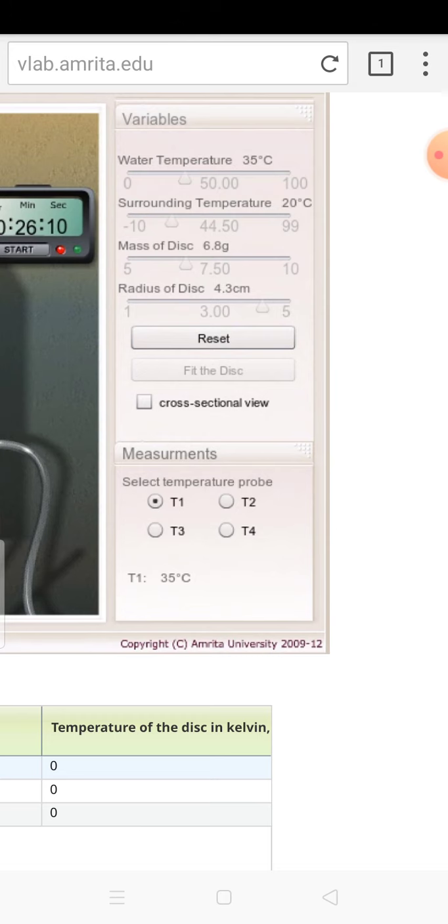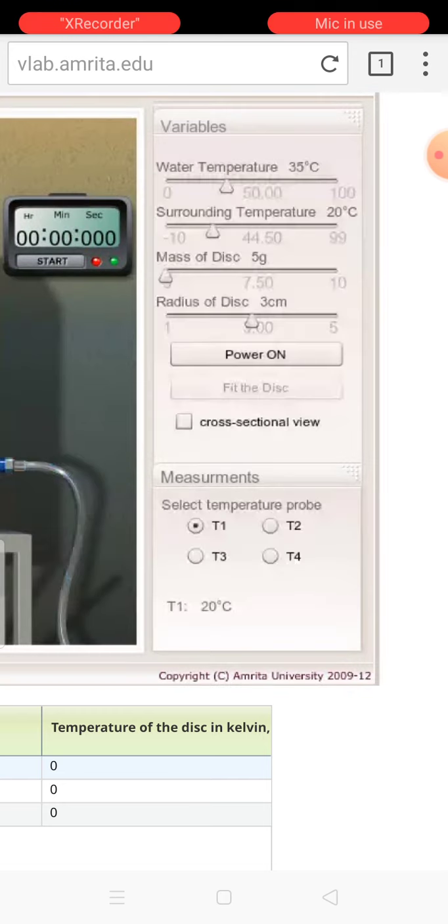Then in the cross sectional view, I am showing T1 is 35 degrees centigrade. Now again I am feeding the disc. It is already there, so reset it. Then they are coming back to the initial condition, right?